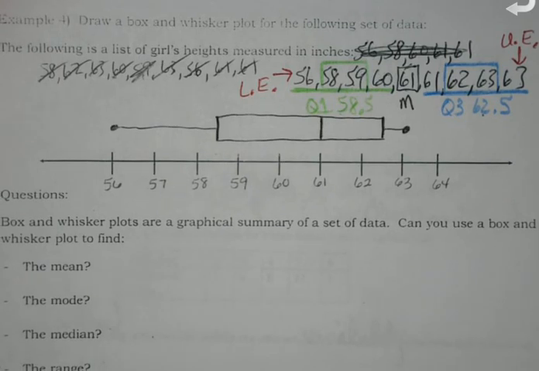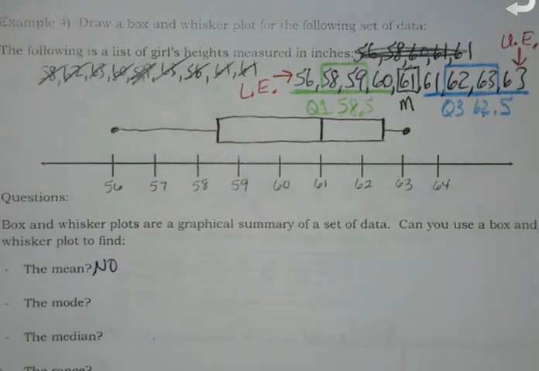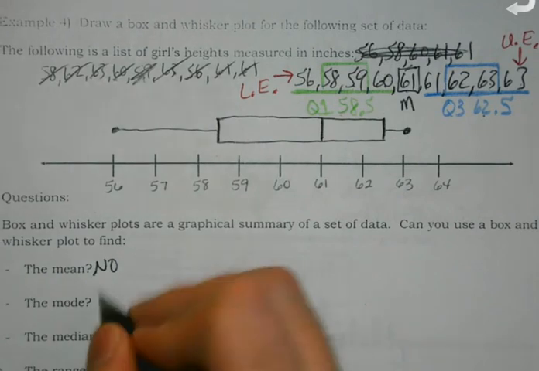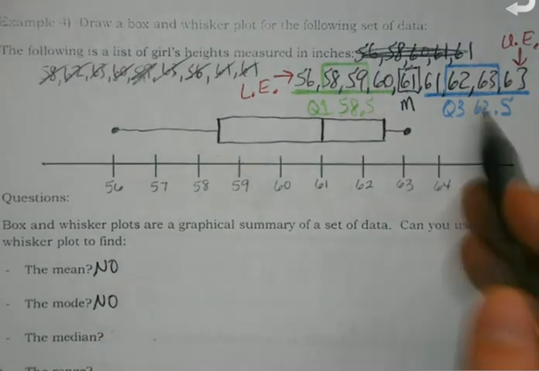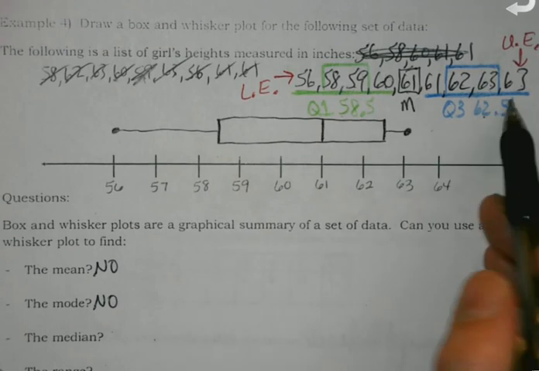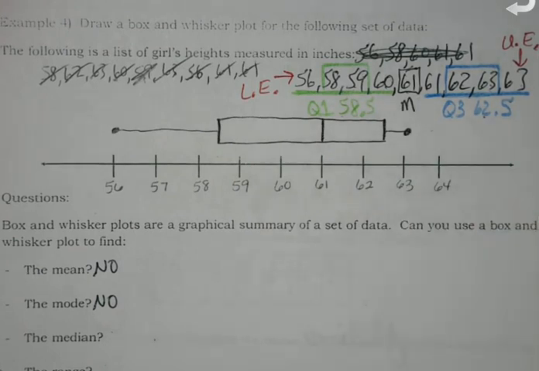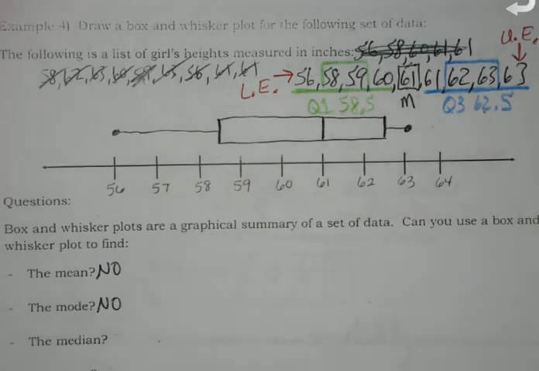So what can I actually take from it? Okay. Can I use a box and whisker plot to find the mean or the average? Well, no. Okay. Can I use it to find the mode? No, because the actual numbers aren't here. I don't know what number showed up most often. Now, if I look at the list, I can see 61 and 63 show up the most often. But I can't tell that just by looking at the plot.